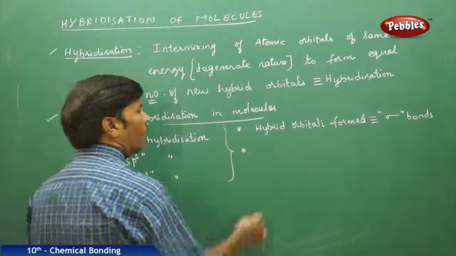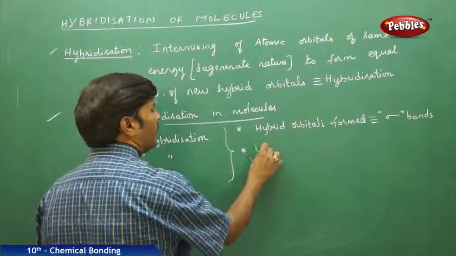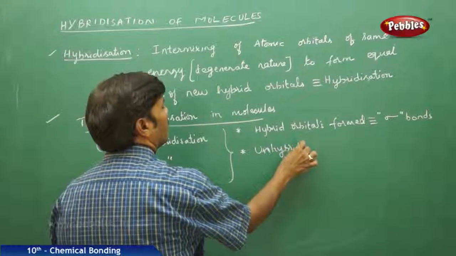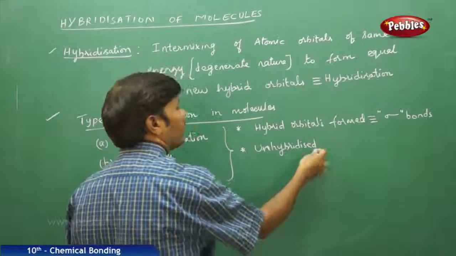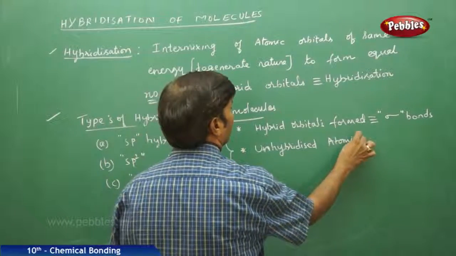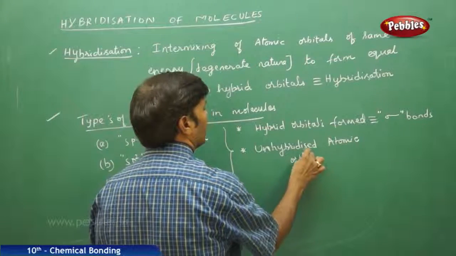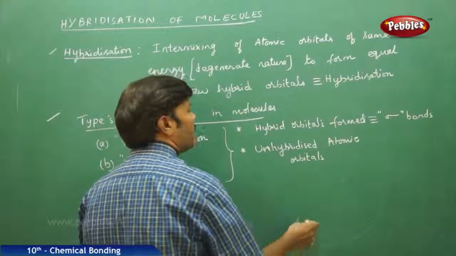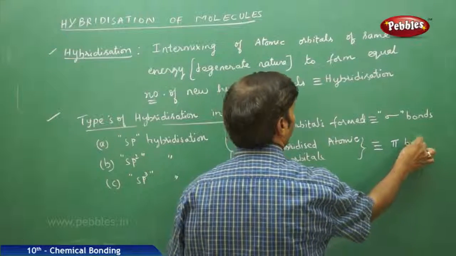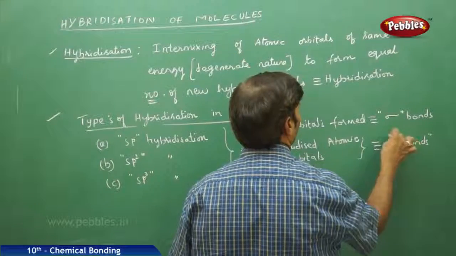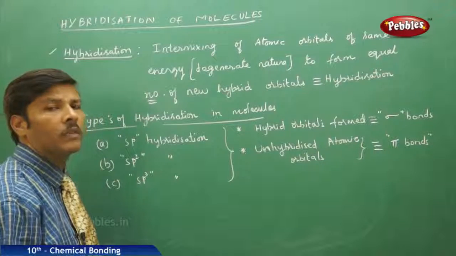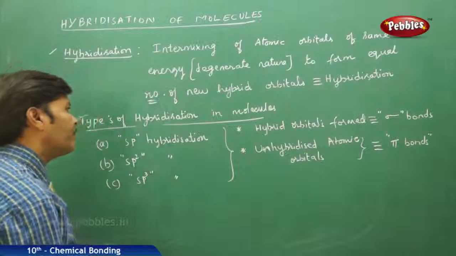Similarly, all the unhybridized atomic orbitals always result in the formation of pi bonds.